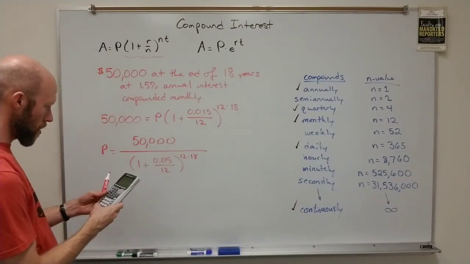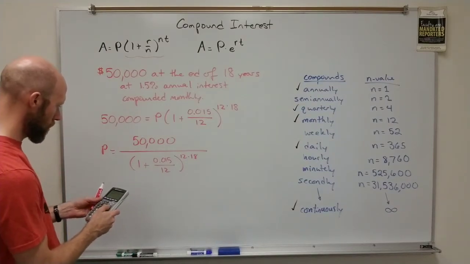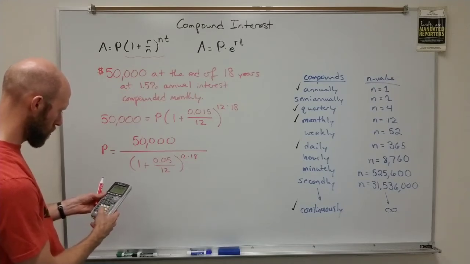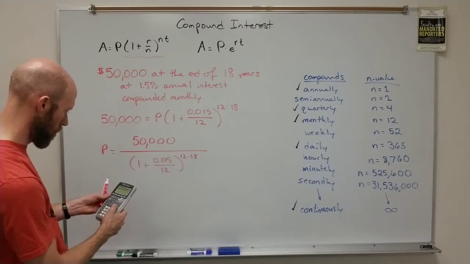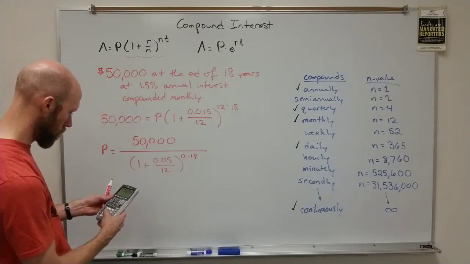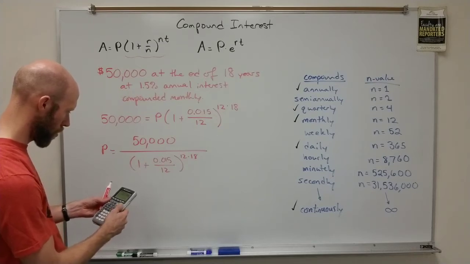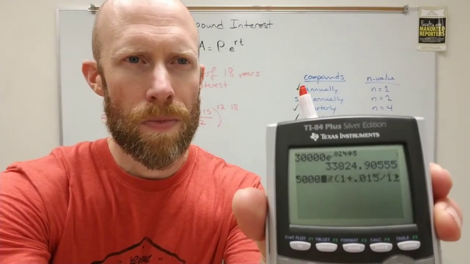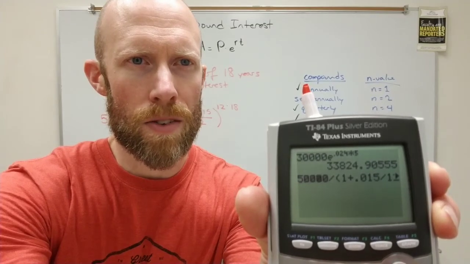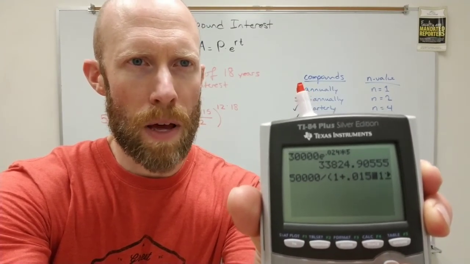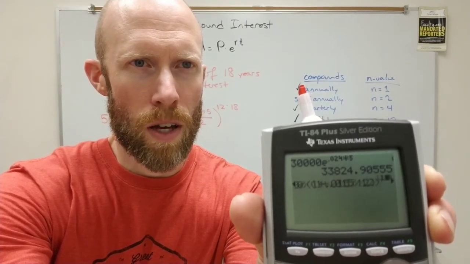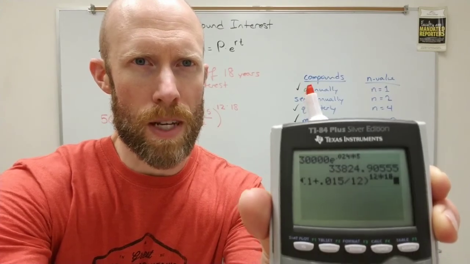So let's do 50,000 divided by, now this is a bit complicated, but I want a parenthesis, 1 plus 0.015 over 12 raised to the 12 times 18 power. I don't know if you'll be able to really see all of this, but there's my 50,000 divided by the base of 1 plus 0.015 over 12, and then I've got my power of 12 times 18.